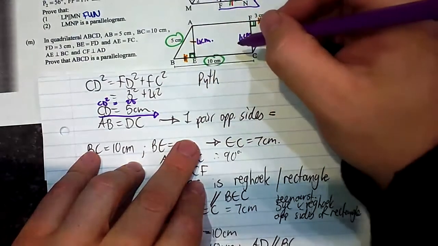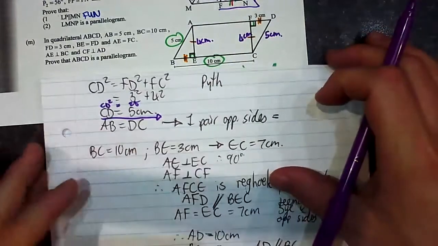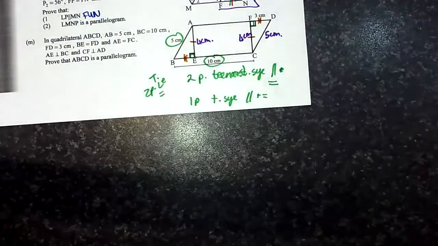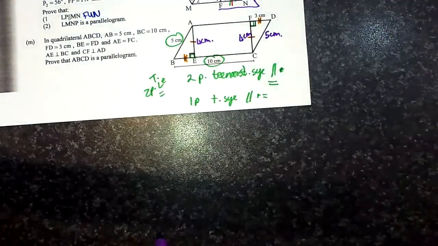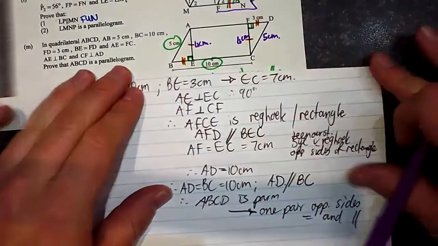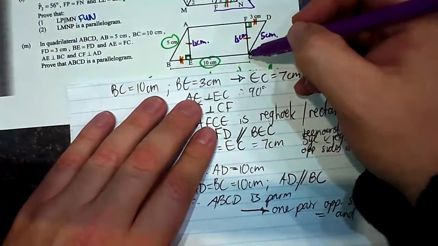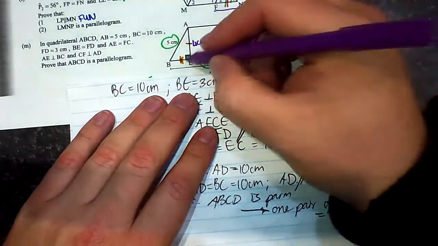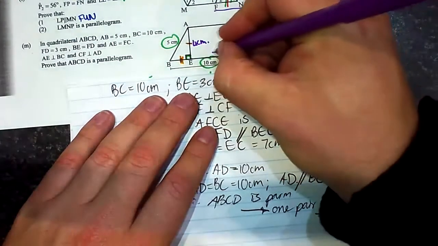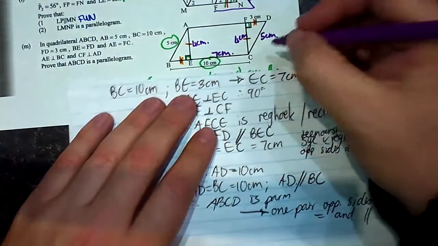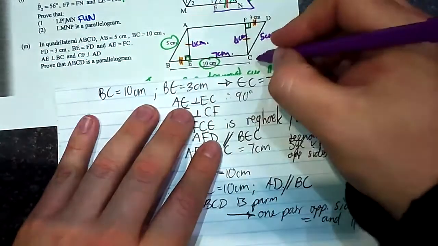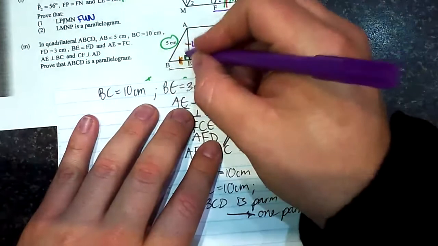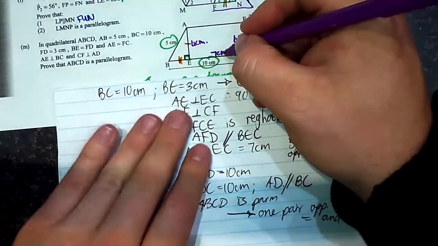Okay, so ons moet dit nou gaan bewys dat dit 'n reghoek vorm. Okay, hulle sê BC is 10 cm reg. BE het ons gekry 3 cm. So EC moet dan 7 cm wees. Okay, just by deduction, if BC is 10, we said BE is 3, so the remainder 7 centimeters, right?